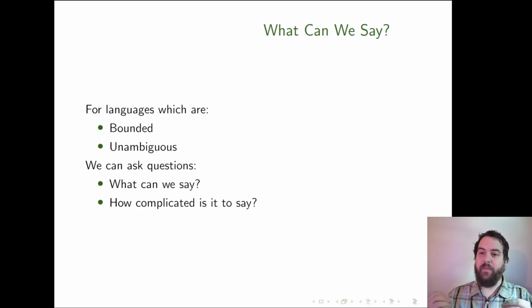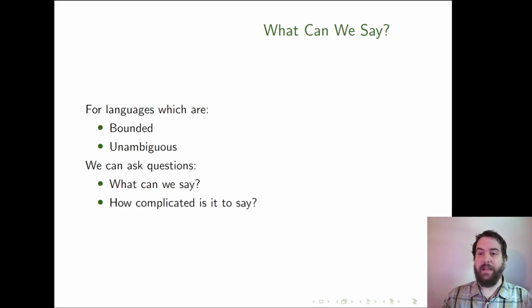But if we focus on a bounded subset of mathematics, if we say we're only allowed to use this very precise set of mathematical symbols and constructions in our formulas, what are the things that we can say? What are the things that we can express in this very limited mathematical language? And how hard is it?